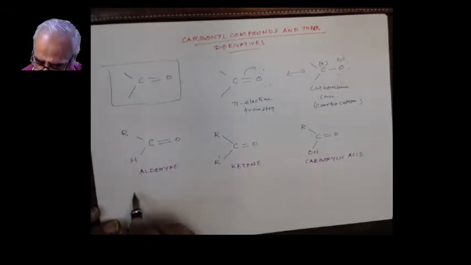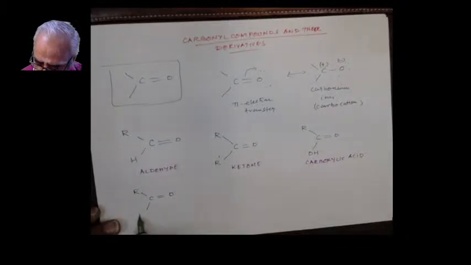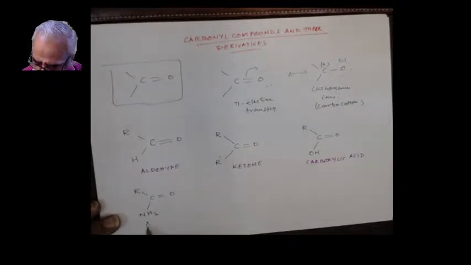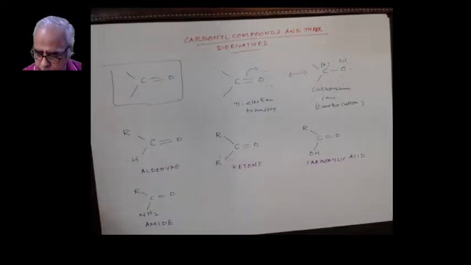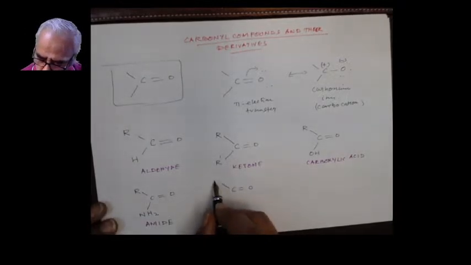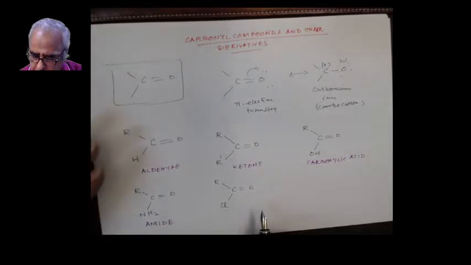When you have R here and C double bond O, and instead of OH you have NH2, then it's called amide. When you have C double bond O on one side and a halogen or chloride, then it's called acid chloride.